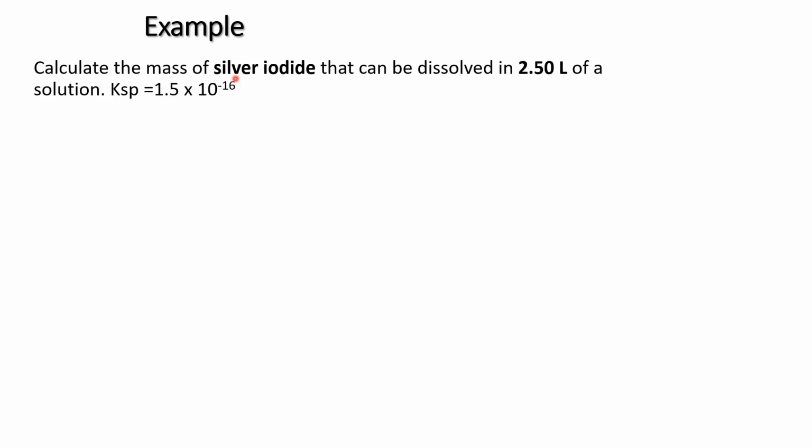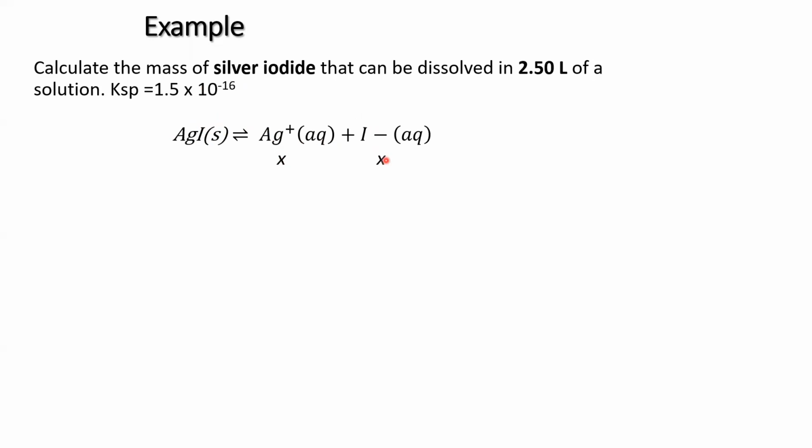Break it up into its ions. It's going to break up into silver ions and iodide ions, and it's a 1-to-1 ratio. So x for silver ions and x for iodide ions.